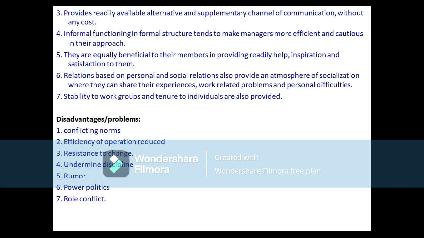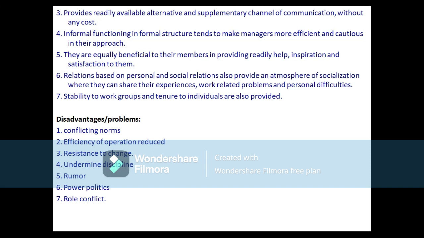But wherever more people are there, definitely we will see some discrepancies between the people. It may be regarding power or any other reason. So for that reason we may see some conflicts in the groups, which are known as group dynamics. Those lead to conflicting norms.